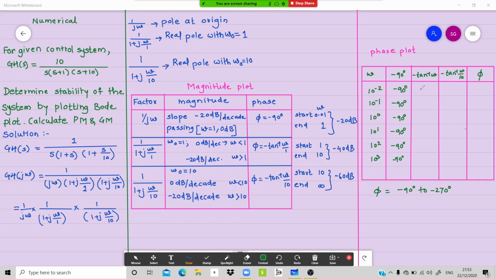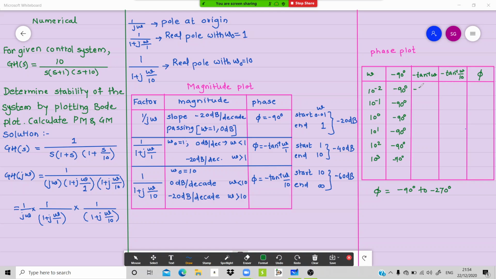And initially 0 contribution, finally 90 contribution. It is going to be highest. Initially it is just a flat straight line, we know, right? It is 0 dB per decade, and the angle is also initially 0, if you have seen all the factors carefully. Now you have to just put the value of omega in tan inverse, for 10 raised to minus 2. I have the values, I'll write them over here.